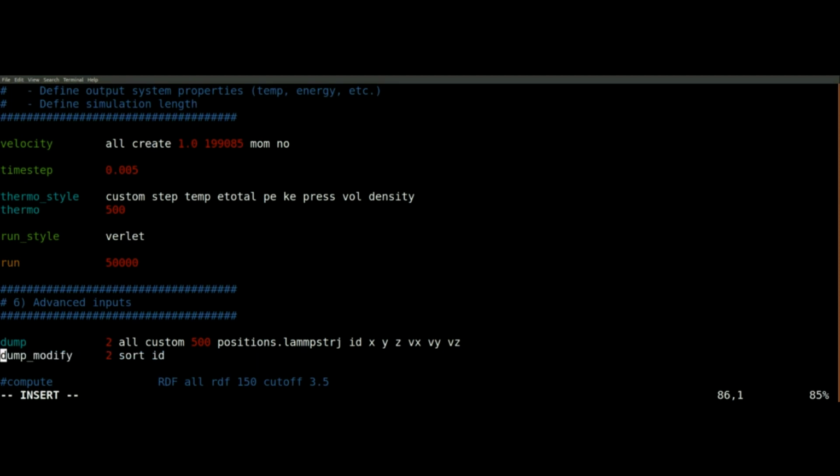I'm also adding this dump modify command, which is there to ensure that regardless of position, or regardless of which processor finishes first, when you output at time step 0, I want the particles to be in exactly the same order as when you output at time step 500, etc., etc.